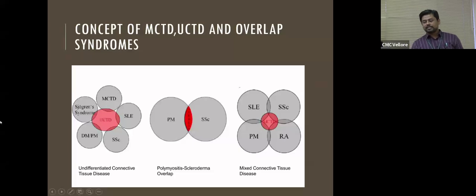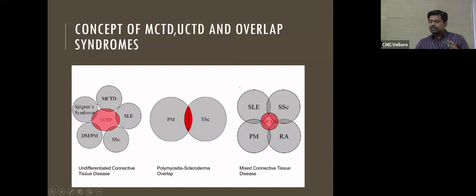So for example, this in the center is showing you a polymyositis, systemic sclerosis overlap. So these patients clinically have features of both, and also they may fulfill criteria for Bohan and Peter as well as for the ACR criteria for systemic sclerosis. So these are the defined overlap syndromes.